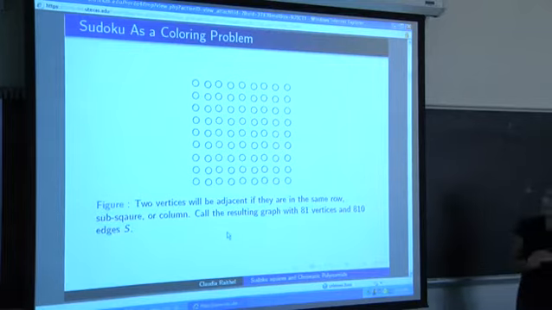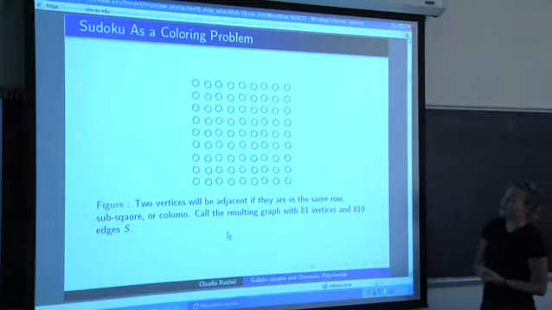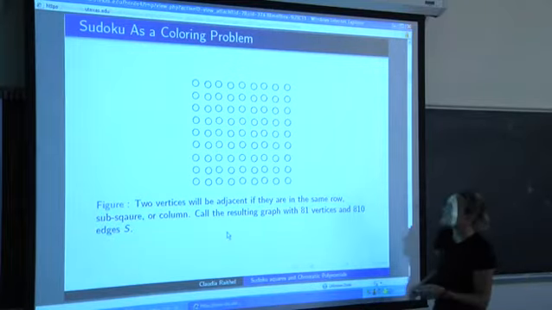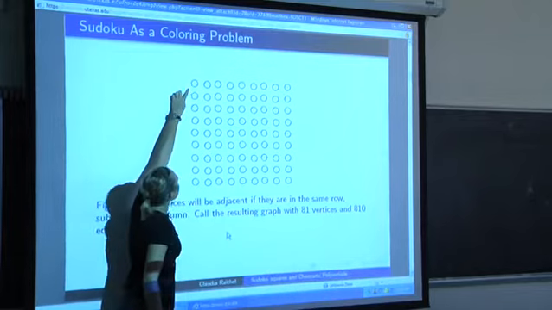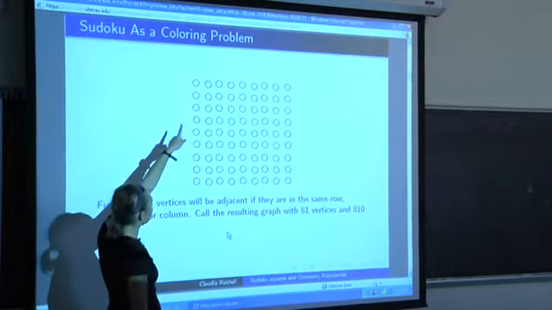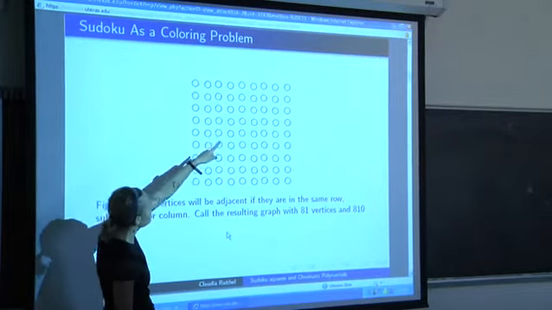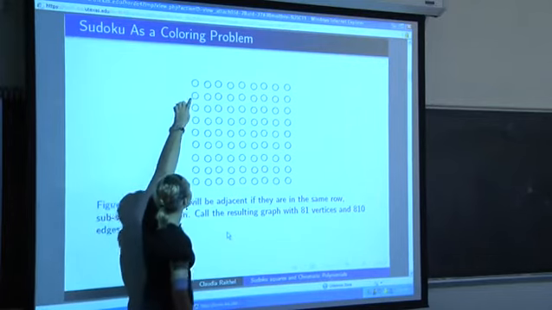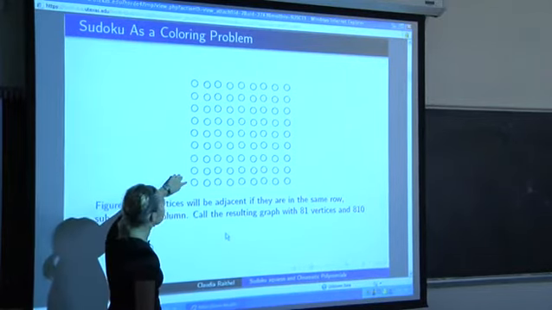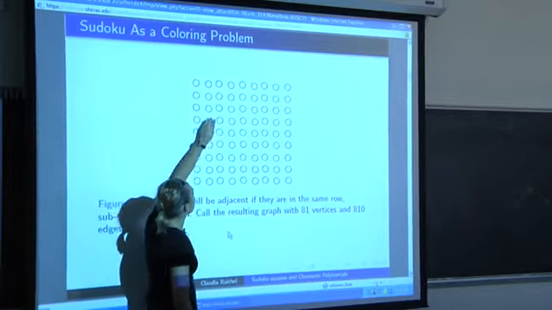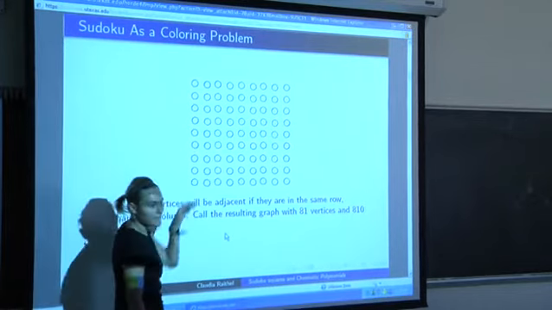Let's count the number of edges to make sure we're all on the same page. Say I fix this vertex here. I connect it to all of the vertices in the top row, that's 8. I connect it to all the vertices in this column, that's another 8. Then I connect it to the 4 vertices in its little subsquare.